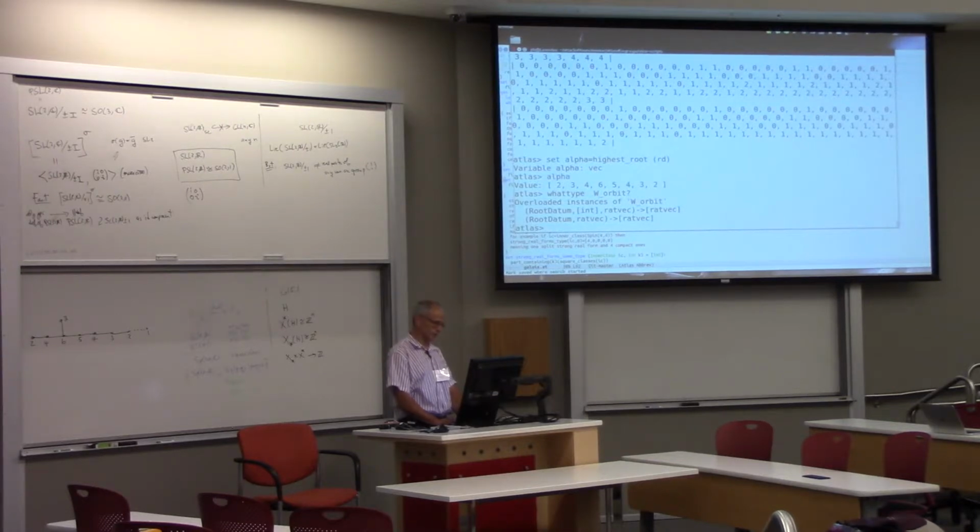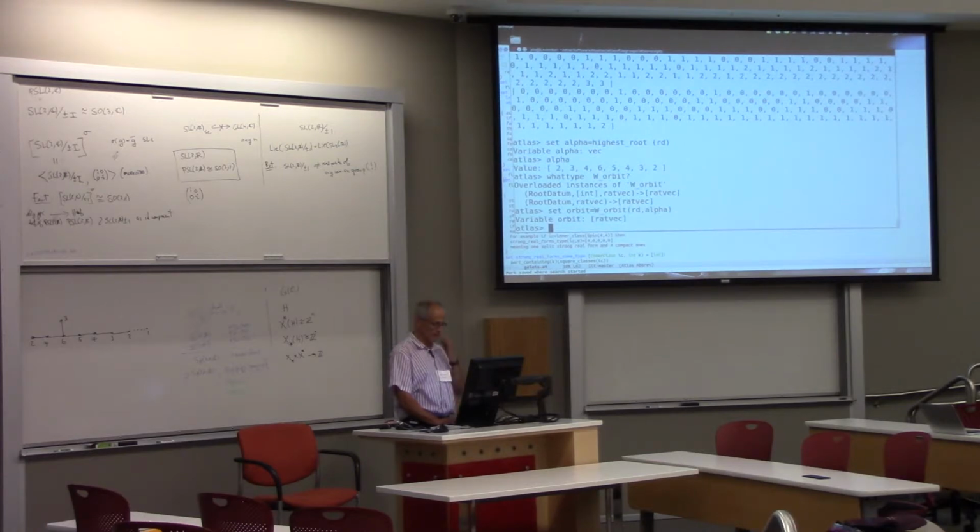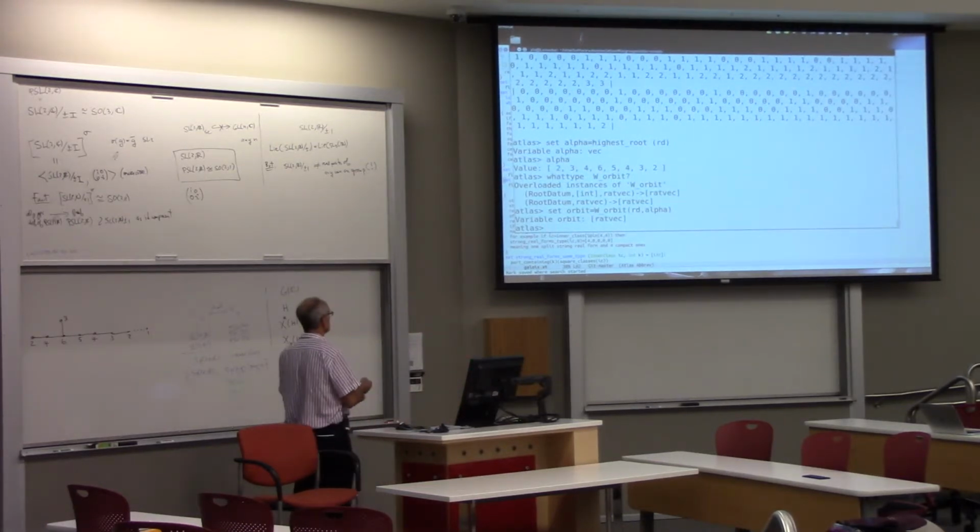It gives you a set of root vectors. So let's do W orbit RD alpha. As the name suggests, this is the Weyl group orbit, under the Weyl group of type E8 acting on this root alpha.